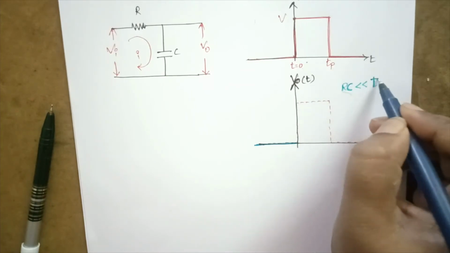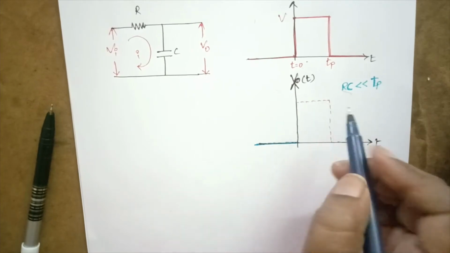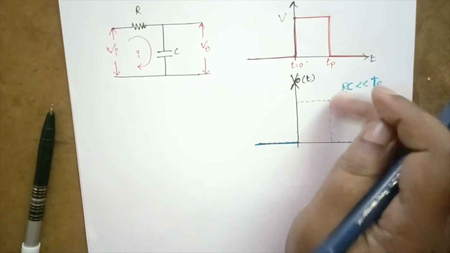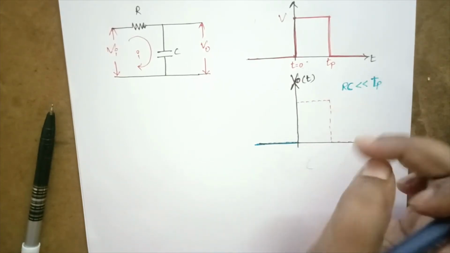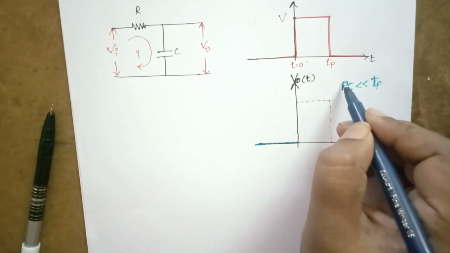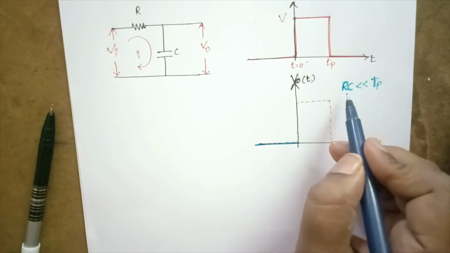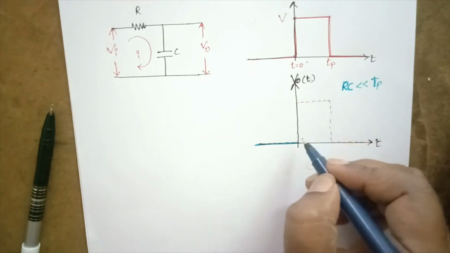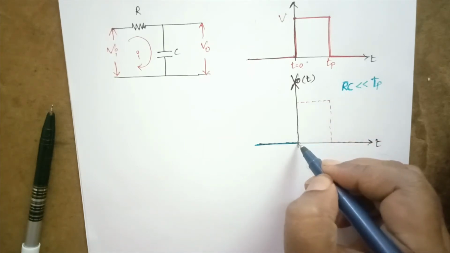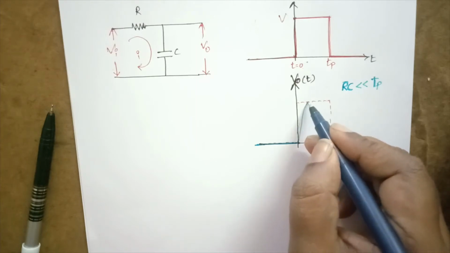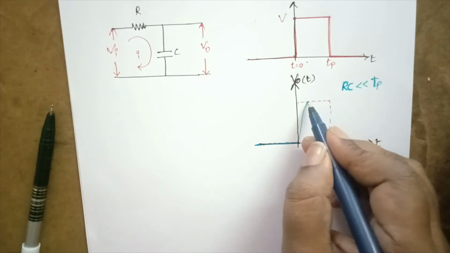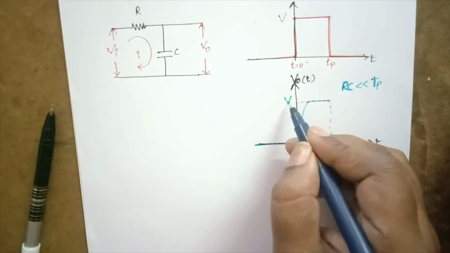When the RC value is very small compared to Tp, what happens? If RC is small, it indicates the capacitor starts charging very quickly. The capacitor charges quickly and it goes to V. So this is V.